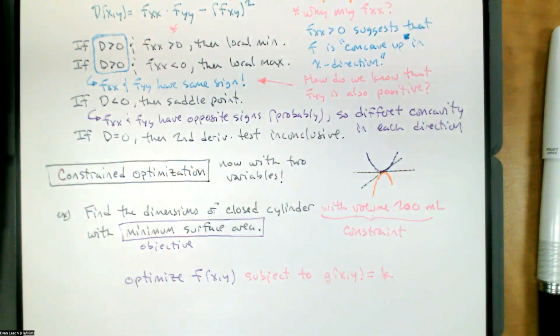We want to optimize f of x, y subject to g of x, y equals k. That's our constraint. Optimize a function subject to some constraints. And we want to describe both of them with a function of two variables rather than just a function of one variable. So this is going to be our project from next week because I couldn't stay on point today, which is typical for the last day of the week.